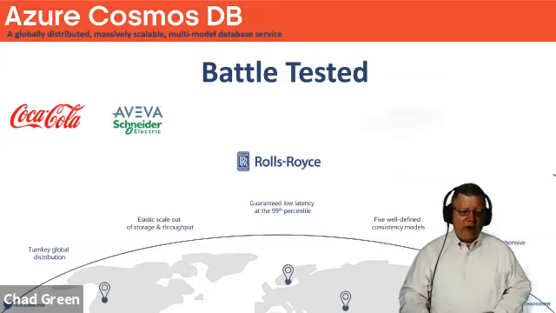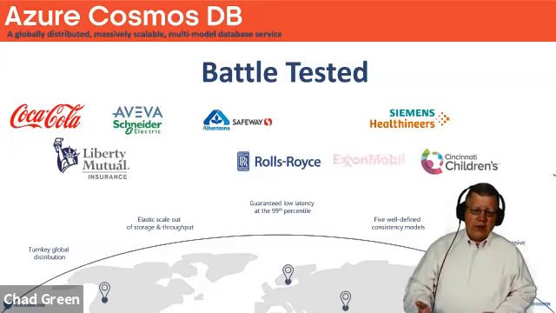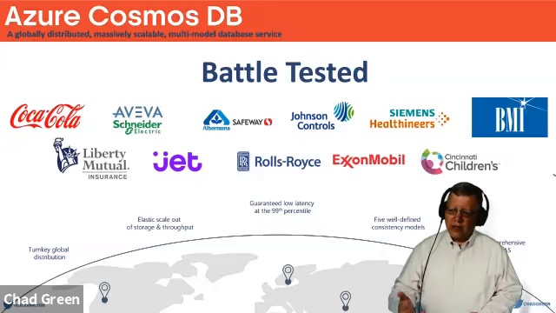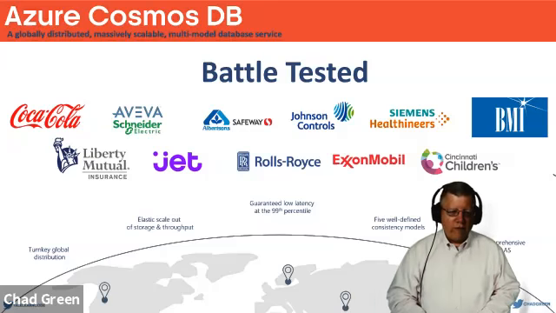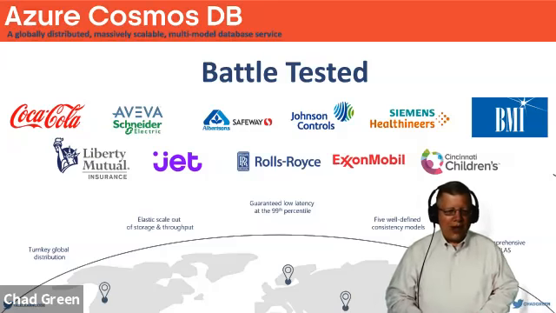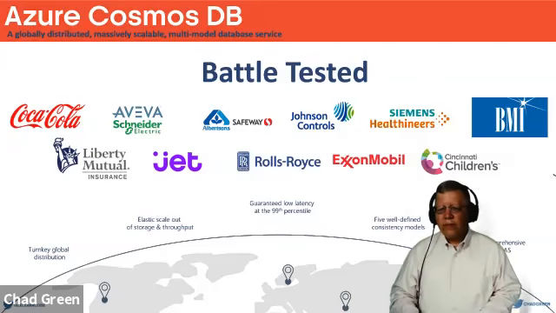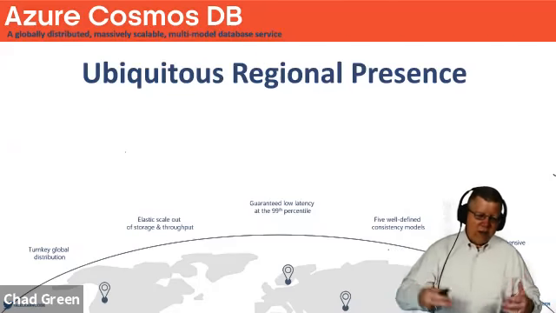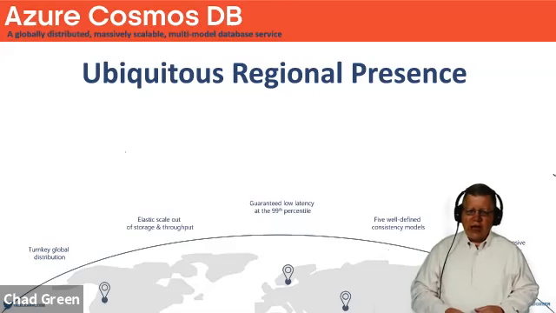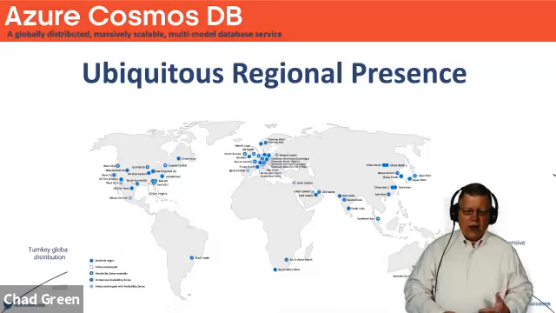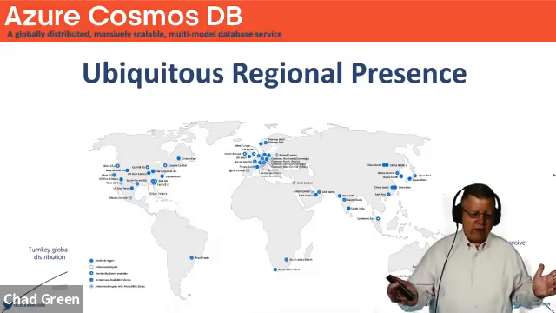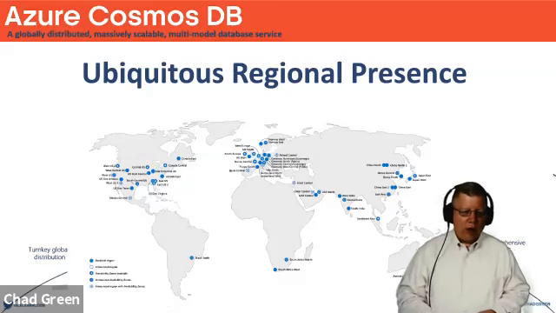And there are a lot of big companies that have put in big implementations here of all different types of database types, so it's being trusted by a lot of major corporations. Then we talked about the fact that we have this turnkey, but also ubiquitous regional presence. It's all over the world, right? You can see there are data centers all over the place.